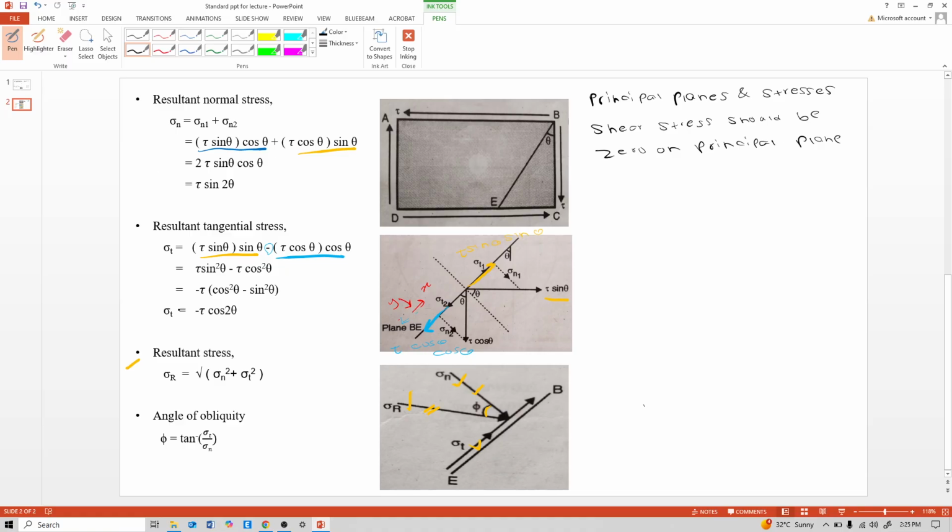This sigma t is equal to minus tau cos 2 theta.